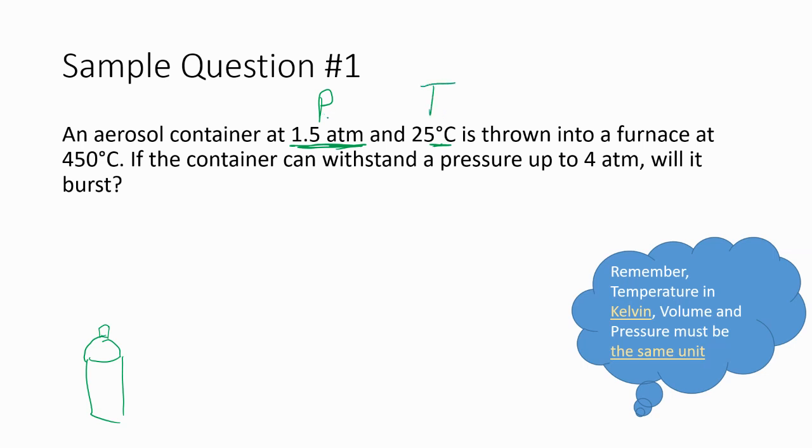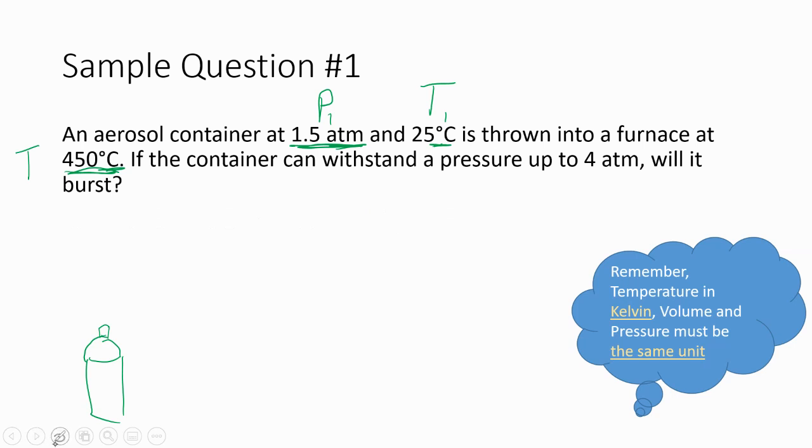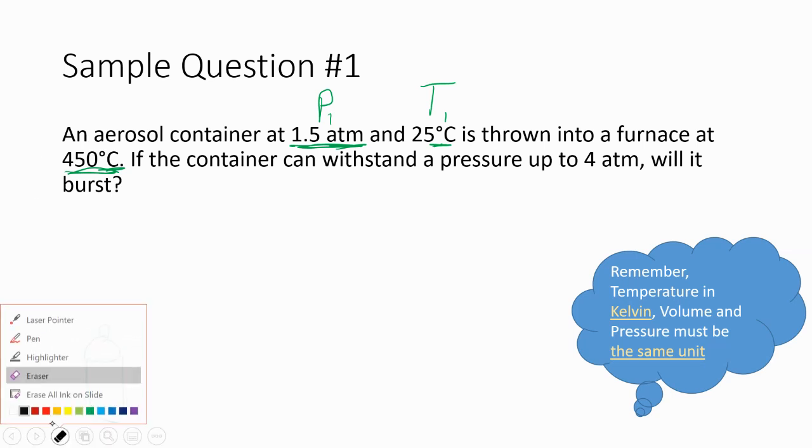Since they're the first ones listed, we can call them P1 and T1. Now looking through, it says it's thrown into a furnace. Here's another degrees Celsius temperature, so that's going to be T2.